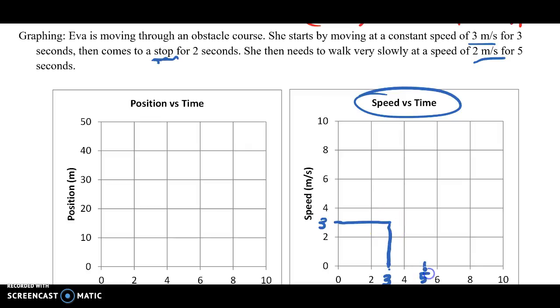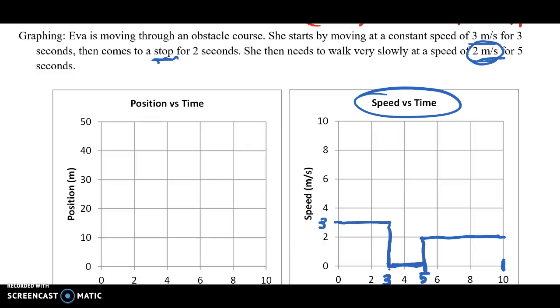So from 3 seconds to 5 seconds, we have a flat line right at a speed of 0. And then lastly, we're told that for the last 5 seconds, you walk at a speed of 2 meters per second. So from 5 seconds all the way to 10 seconds, go back to 2 meters per second, and it's a flat line like that.